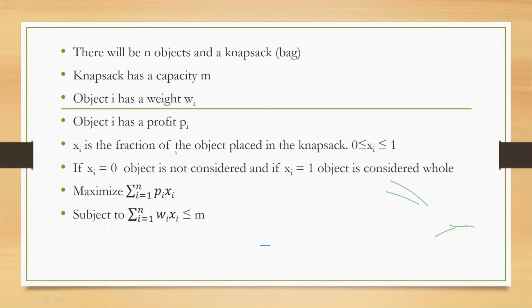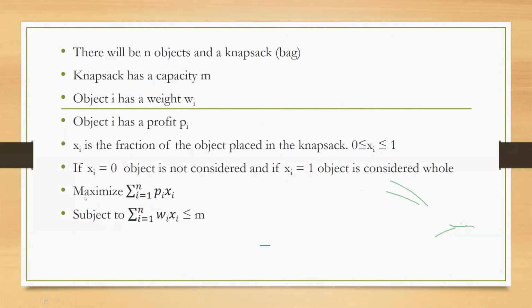If x1 is 0, it means that object is not considered. And if x1 is 1, it means that the object is considered as a whole. In between, if it is 0.5 or 0.25 or 0.75, any fraction, it means that much fraction of the object is considered in the knapsack. For example, if x2 is 0.5, it means 50% of object 2 is considered to be in the knapsack. Okay, is that clear?